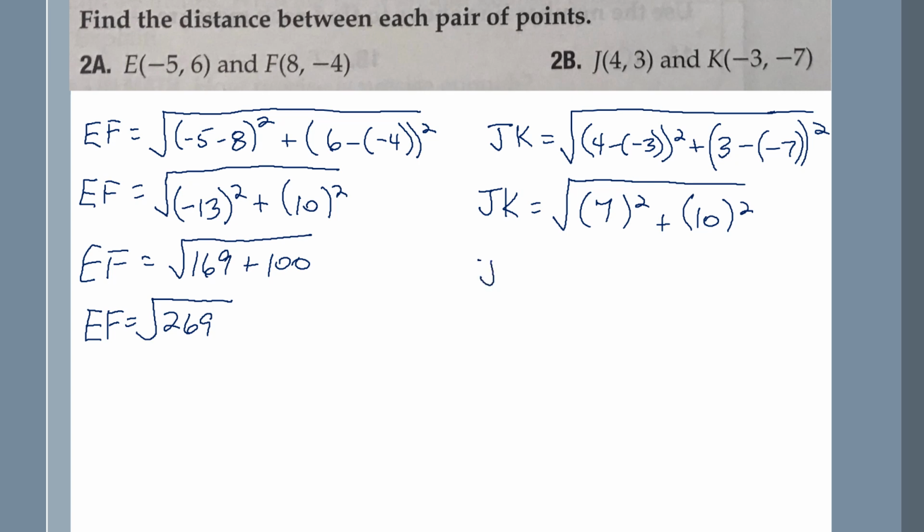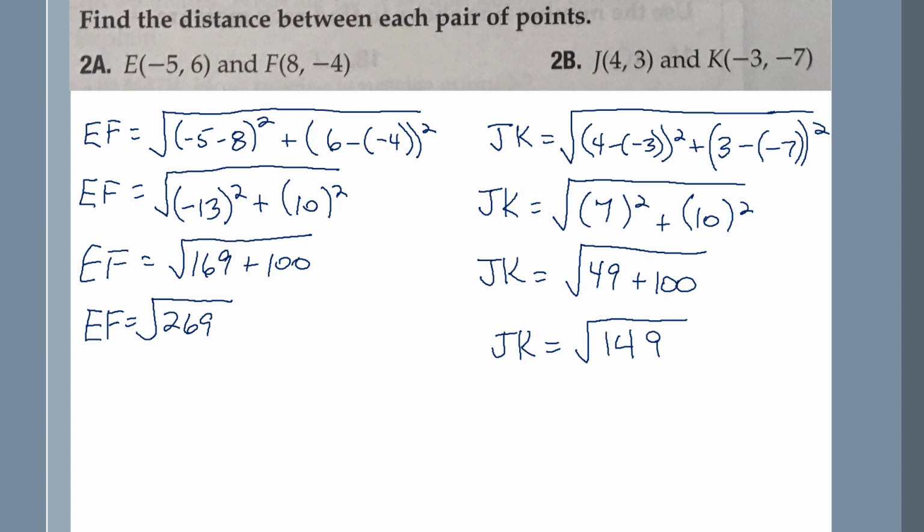So JK is equal to the square root of 49 plus 100. So JK is equal to the square root of 149.